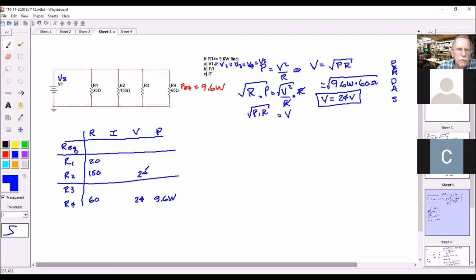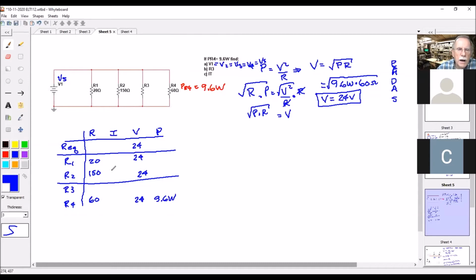This is 24 volts. This is 24 volts. Oh, you can. Never mind. You can look for IT by Kirchhoff's law. Yeah, but you calculate IR3, IR4. The problem is you can't find IR3.